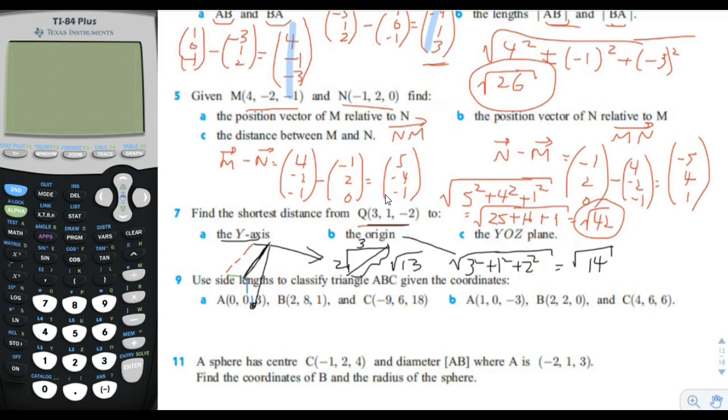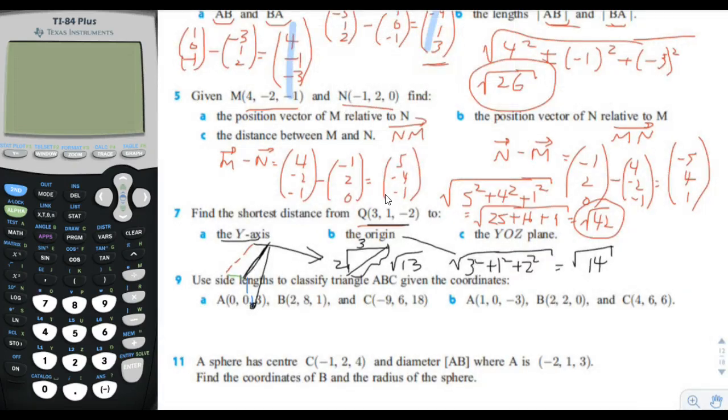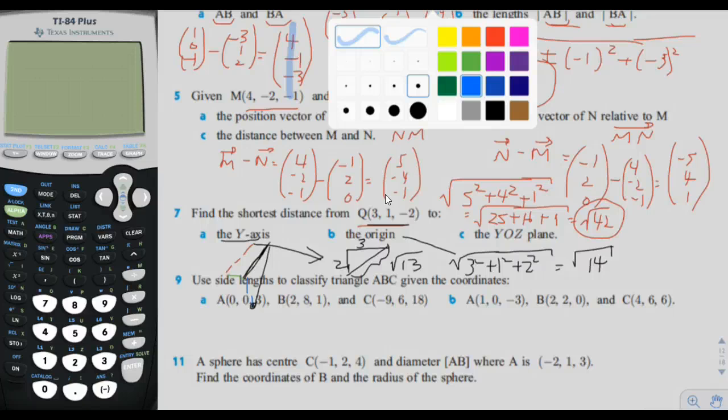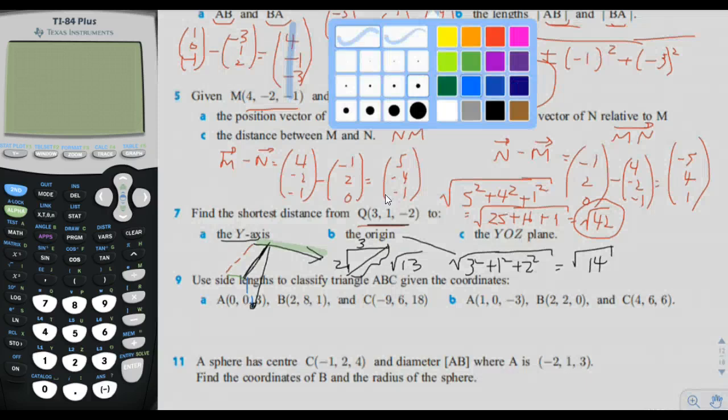Find the shortest distance from point Q to the YOZ plane. So the YOZ plane, I guess, would be the plane which connects the y-axis to the z-axis. And remember, the y-axis is this one here, and the z-axis is this one here.